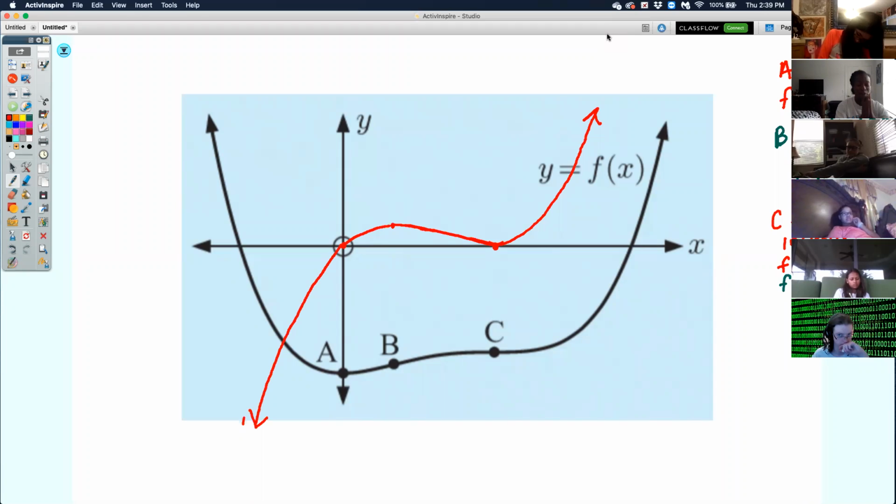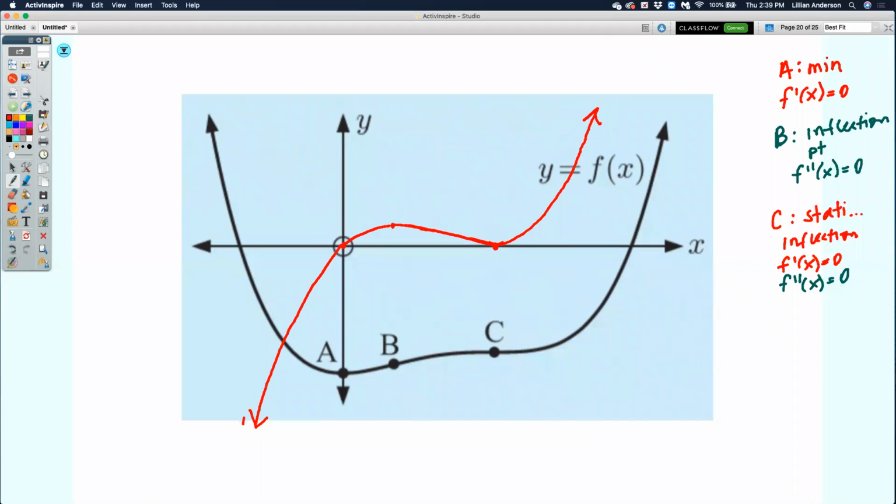Where the original function is decreasing, the first derivative is negative, which means it's going to be below your x-axis.